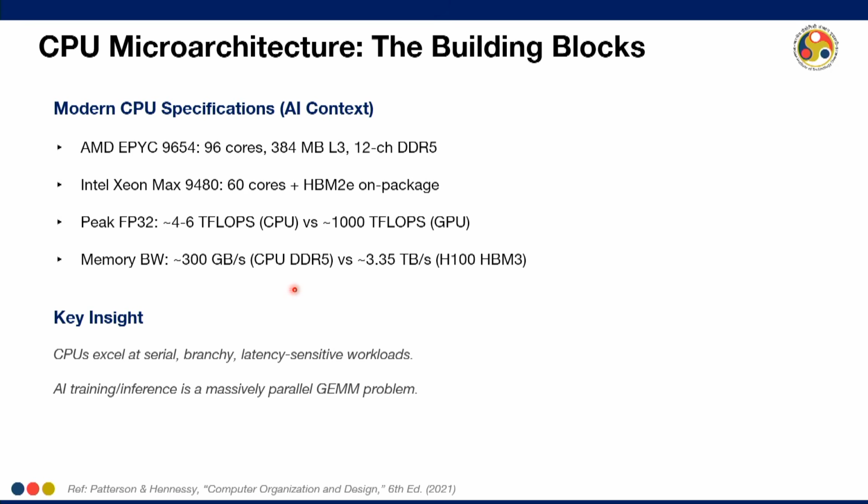So the key insight is that CPUs are very good at serial, branch-type, latency-sensitive workloads. AI training and inference are basically massively parallel matrix multiplications.